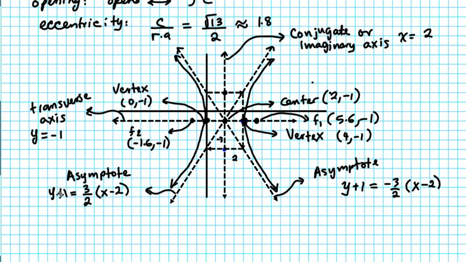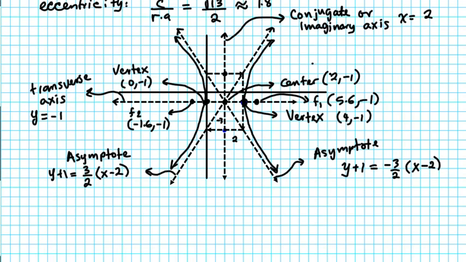To get this one, you do the opposite of the y coordinate, and then the opposite of the x. To get the slope, you just go rise 3 over run 2. And then that generates your second asymptote. All right, so that's that for the labels.